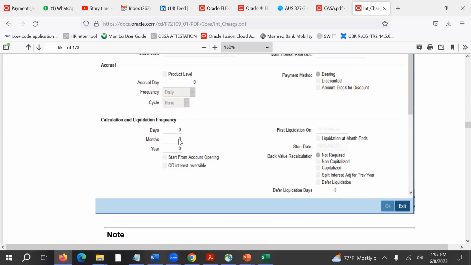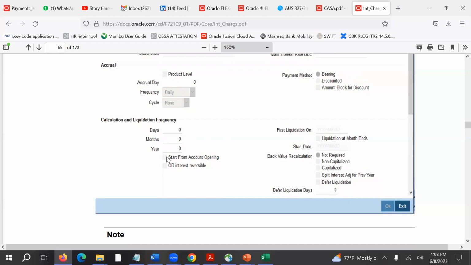If I want every month, then days and year I'll keep 0 and month 1. If I want weekly, I will put 7 days. If I want bi-weekly, I will put 14. If I want yearly, I will put 1 in the year. Let's say if I want 1 year, 1 month, 1 day, then I put 1, 1, 1. It means 396 days, 365 plus 30 plus 1 kind of thing.